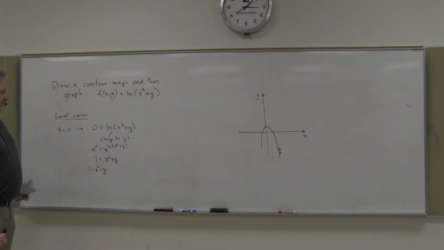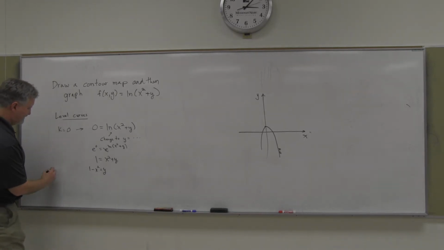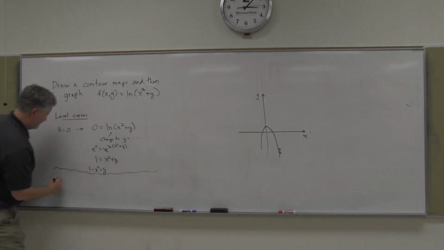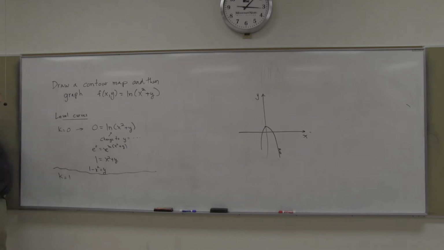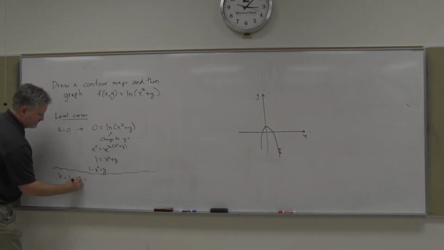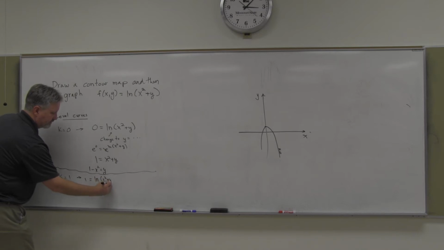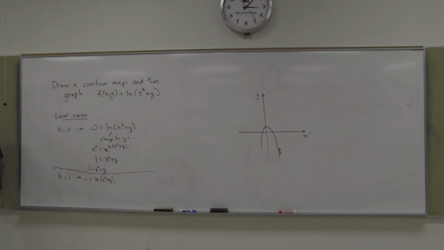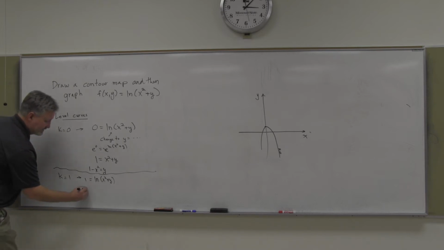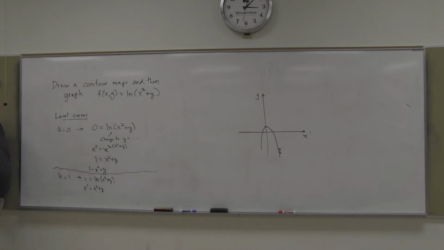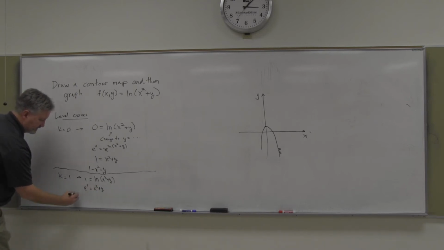All right, what do we got for k equals 1? Well, that would be ln of x squared plus y equals 1, which would be what? e to the 1 equals x squared plus y. So subtract the x squared, so e minus x squared equals y.